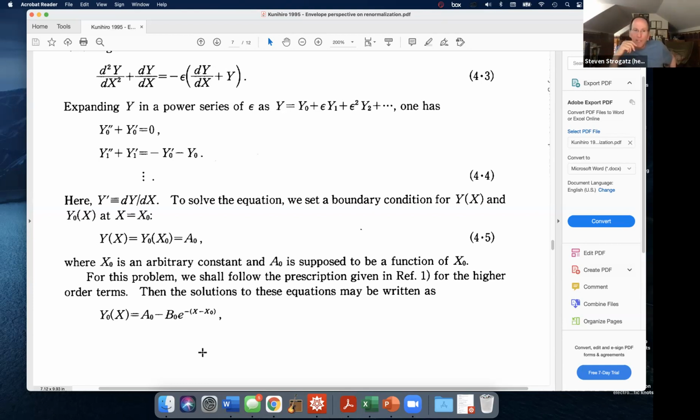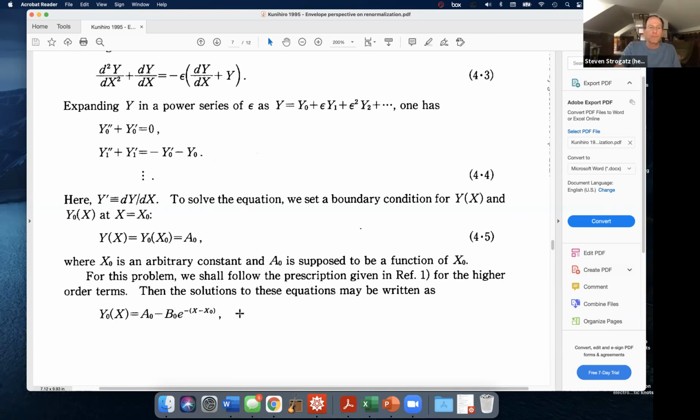Would you agree with me that nothing wrong has happened yet? It's not clear why this is any use, but there's nothing wrong, other than that this statement is not really being enforced the way he said it was. But I don't think it matters. So he's written the general solution y0 of x in this way, where there's this peculiar x0 entering.